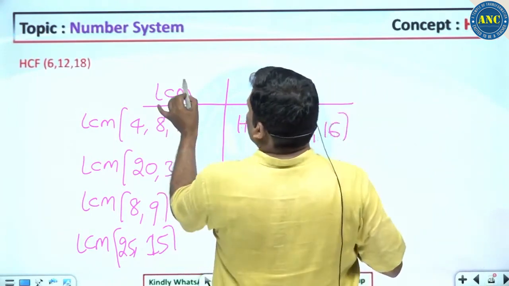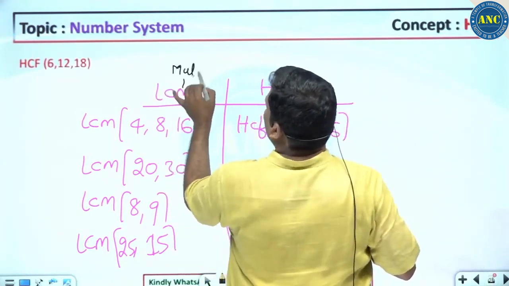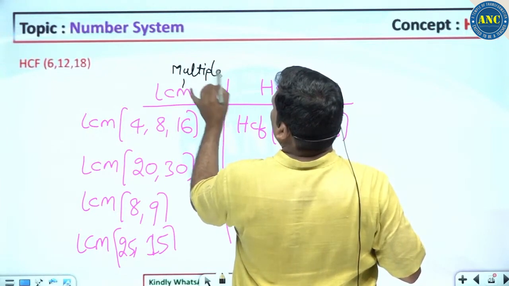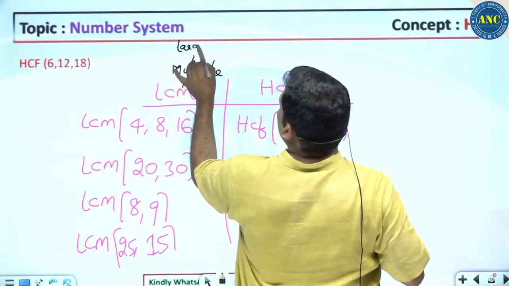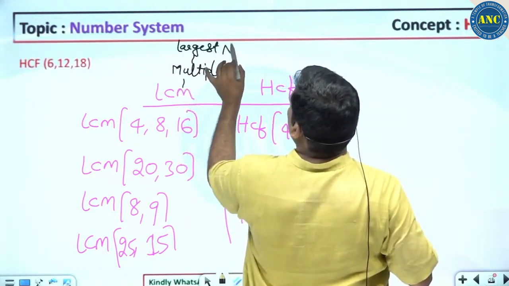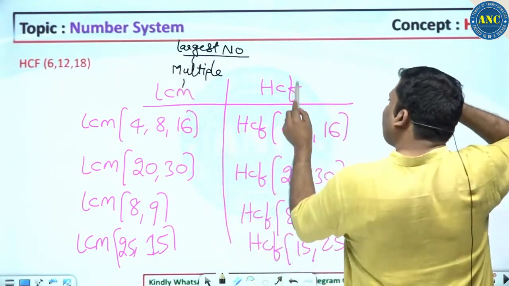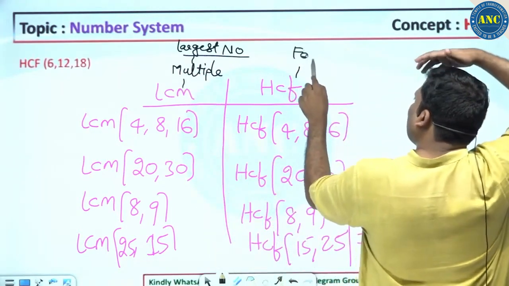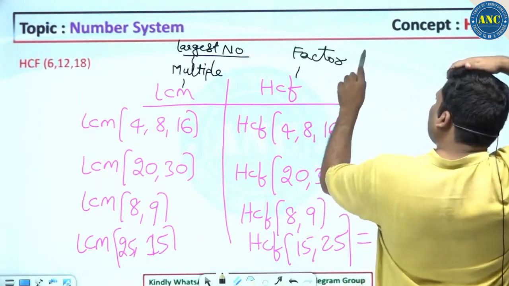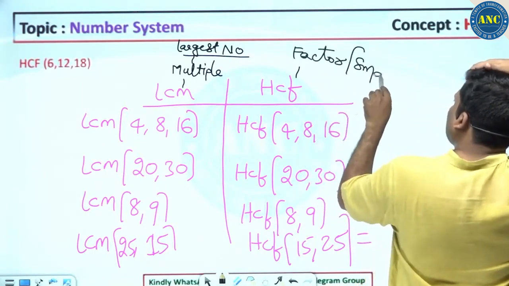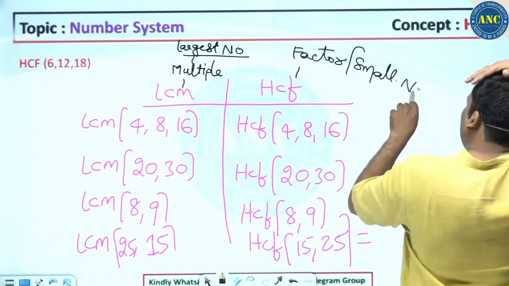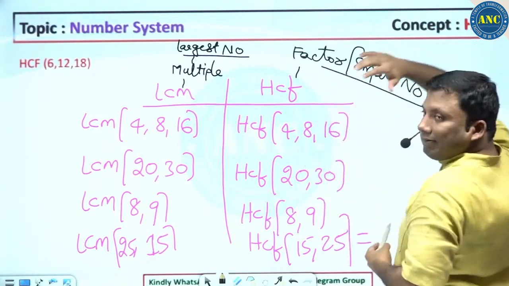LCM: M stands for multiple here. Multiple means largest number. F stands for factor. That means smallest number.